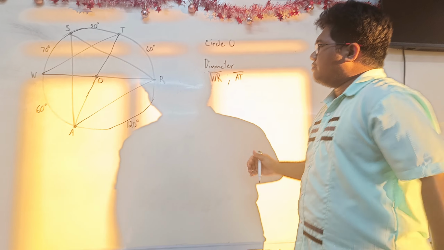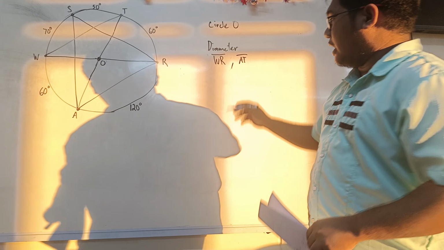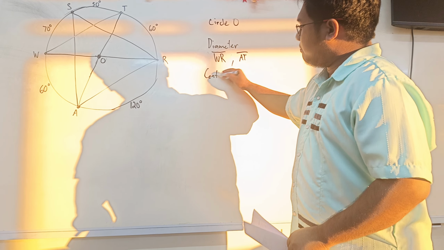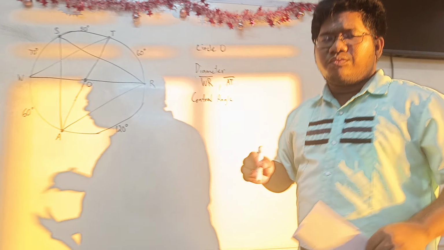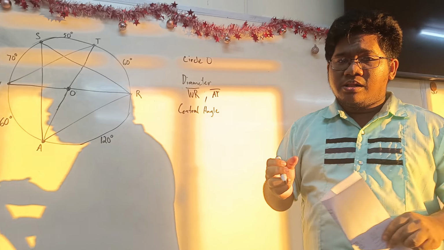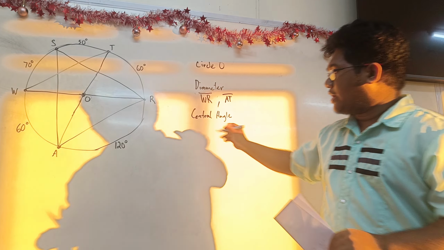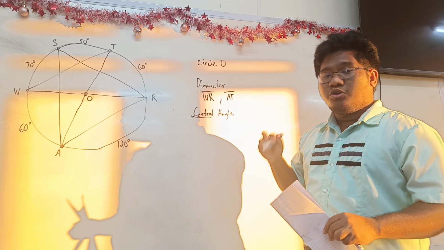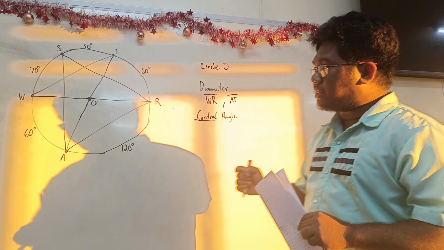Now, since we are able to find the diameter, let's proceed with the central angle. Central angle is defined as the angle na ang kanyang vertex ay nasa center. That's why it is called central. Kapag central angle, titingin kayo sa gitna ng circle natin.